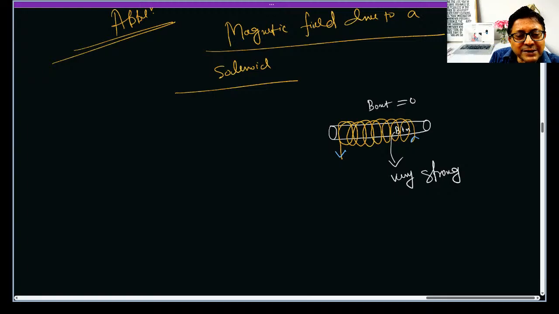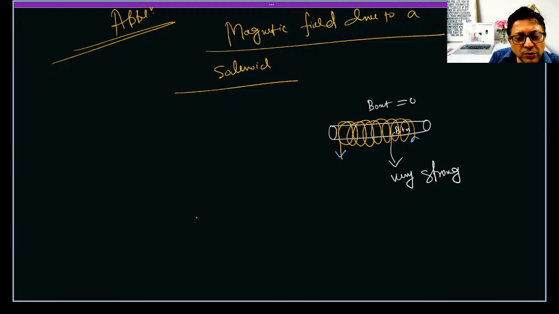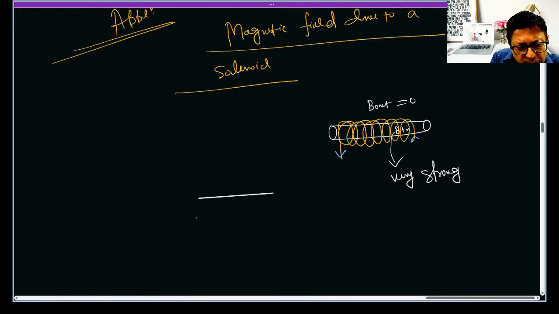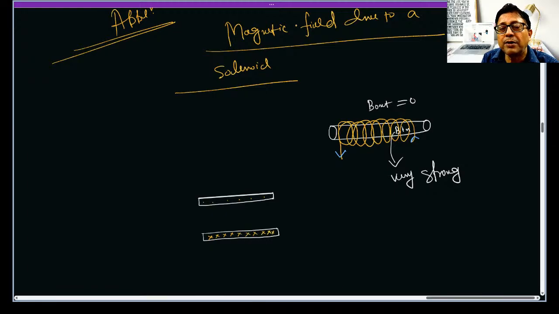How to? Let me take a beta diagram, although not possible by me, but I am trying. One side, this is the other side of the solenoid. Here I am putting dots. Here I am putting crosses. This winding you have seen, it means what?